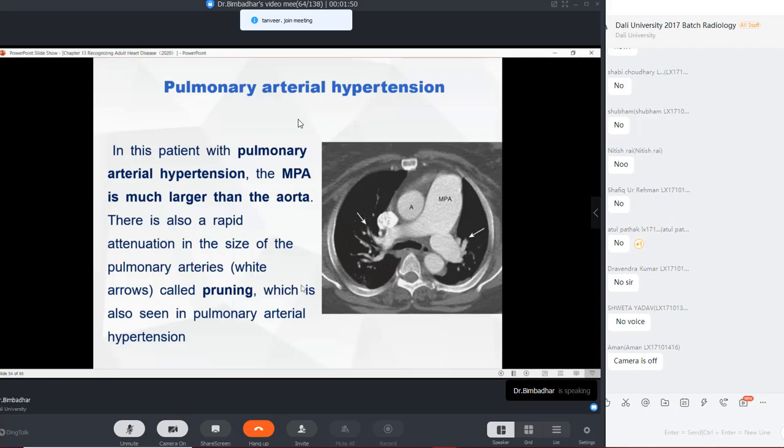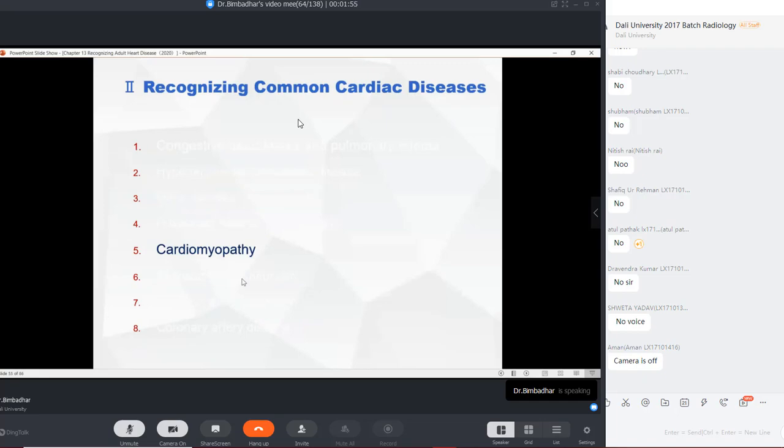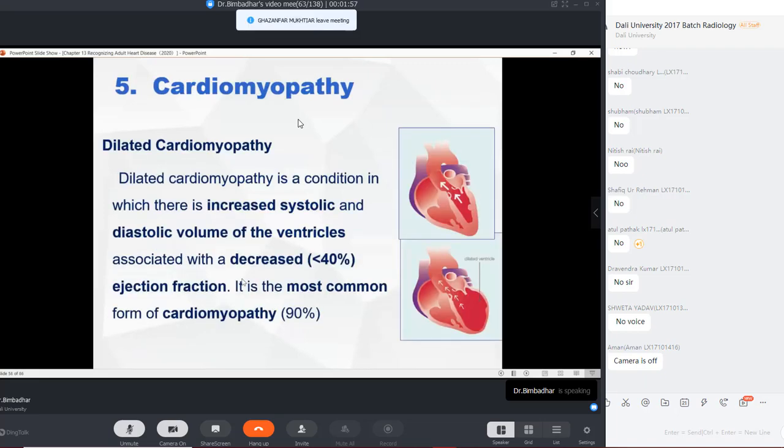Now, the next one is cardiomyopathy. Cardiomyopathy is nothing but an increase in the size of the heart. It can happen when there is increased systolic or diastolic volume of the ventricles associated with a decreased ejection fraction.